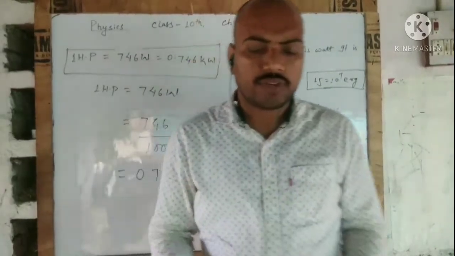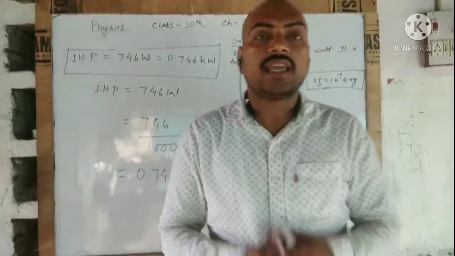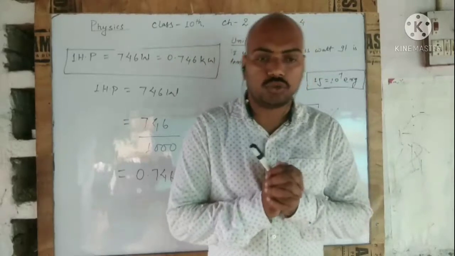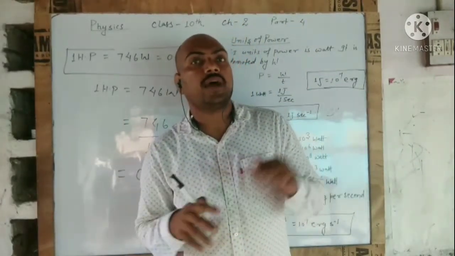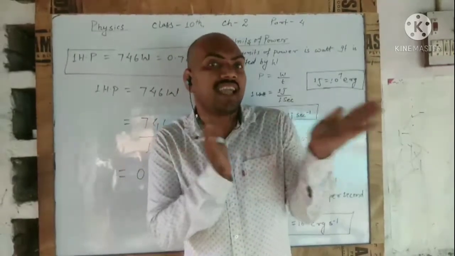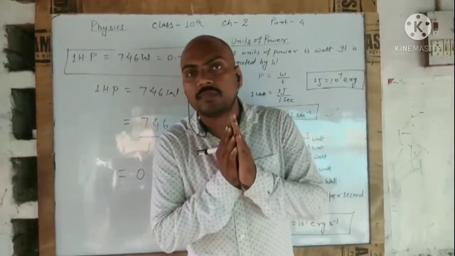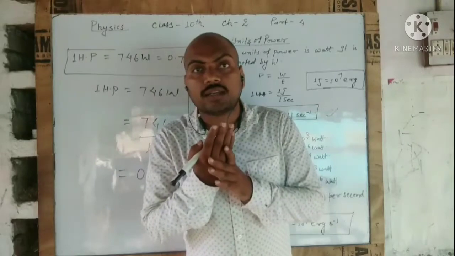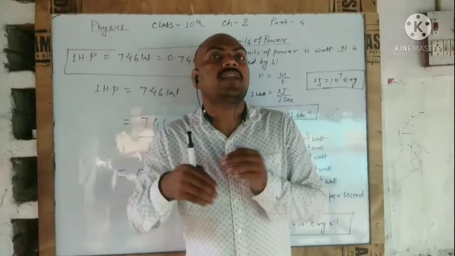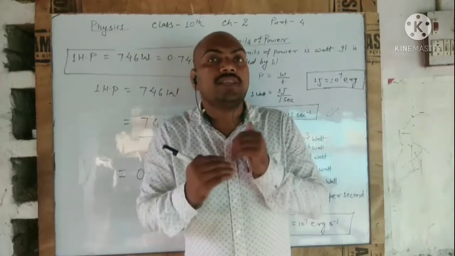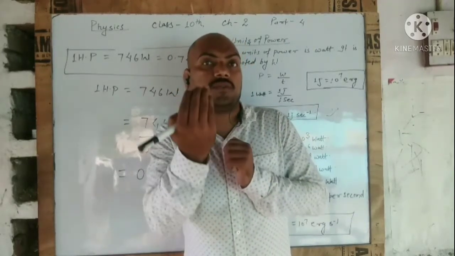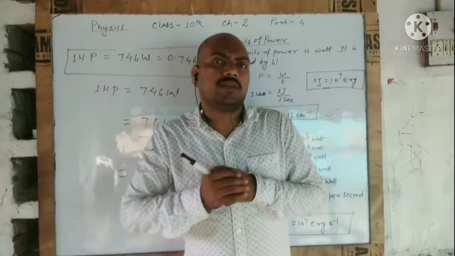Now, units of energy. The SI unit of energy is joule, because energy and work are related to each other. If I am doing work on somebody, definitely the energy of that body will rise. It means I am transferring the work from one body to another body.